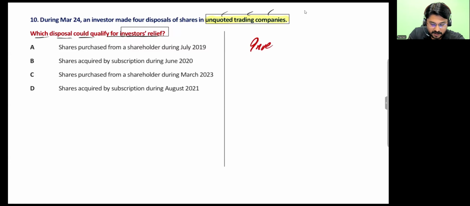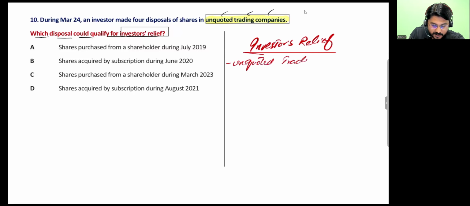There are some conditions attached before claiming investors' relief. Let me write all of the conditions one by one. The shares must be unquoted trading company shares. This precondition is met because all of these shares are disposed from unquoted trading companies.